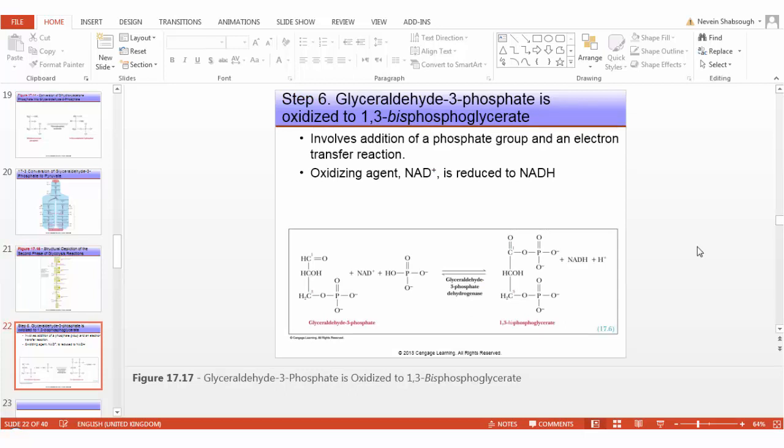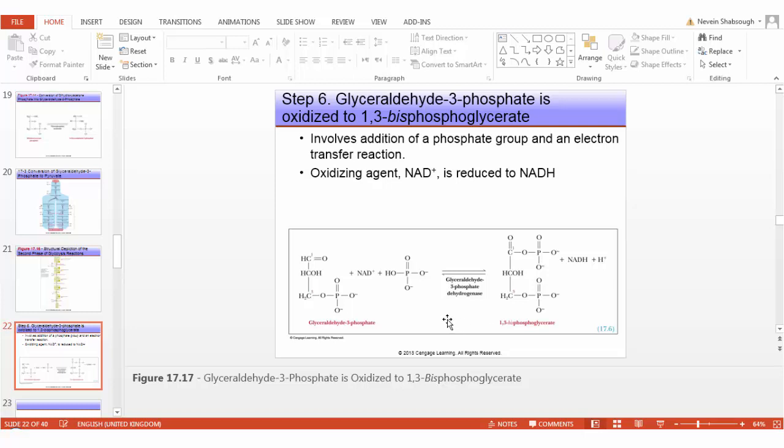So glyceraldehyde 3-phosphate now is oxidized to 1,3-bisphosphoglycerate, and this figure shows us the reaction. Notice here we need an oxidizing agent, NAD+. Also we need an inorganic phosphate which is added to the substrate to form this 1,3-bisphosphoglycerate.